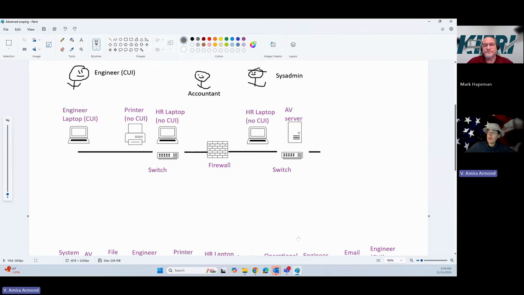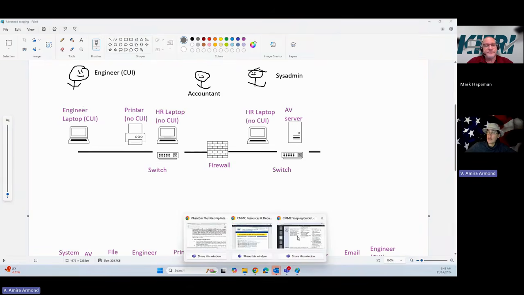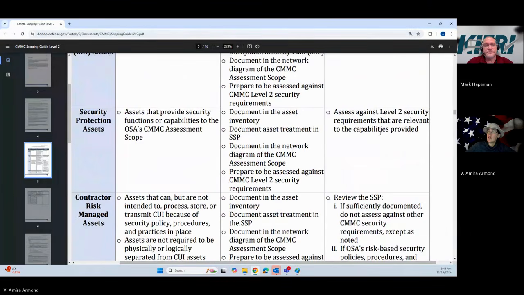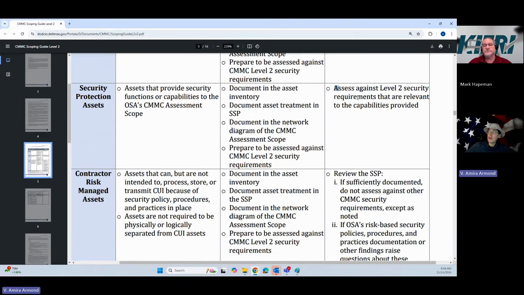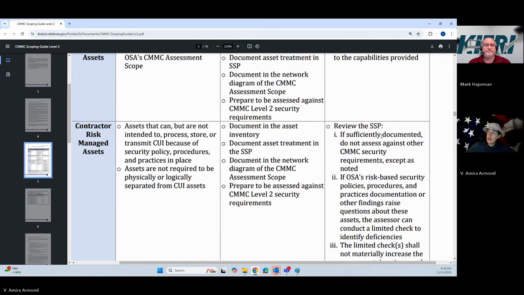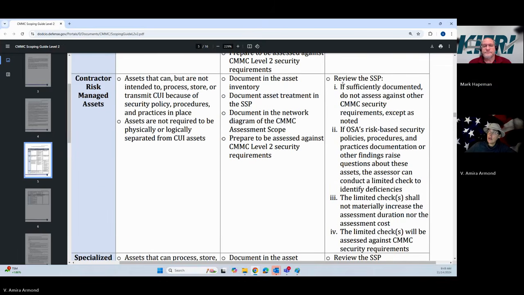Yeah. And when assessors combine the two, we're going to say, okay, we have to assess security requirements that are relevant to the capabilities provided. We have to assess whether that antivirus server is doing antivirus stuff. Do we need to assess the other requirements?